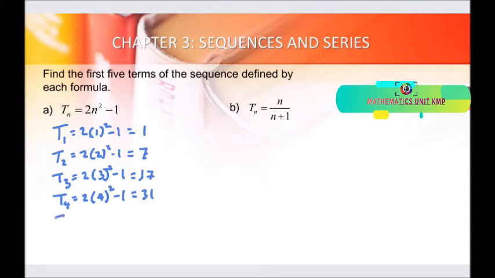And the last one, fifth term, 5 squared, 25, multiply with 2, 50, minus 1, 49. So we have the first 5 terms, 1, 7, 17, 31 and 49.